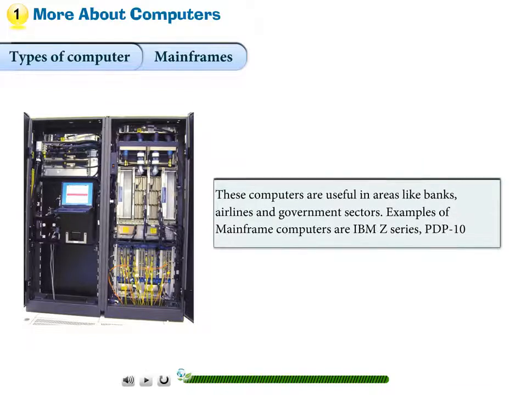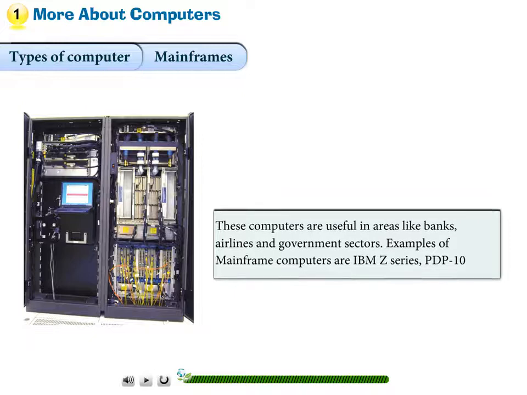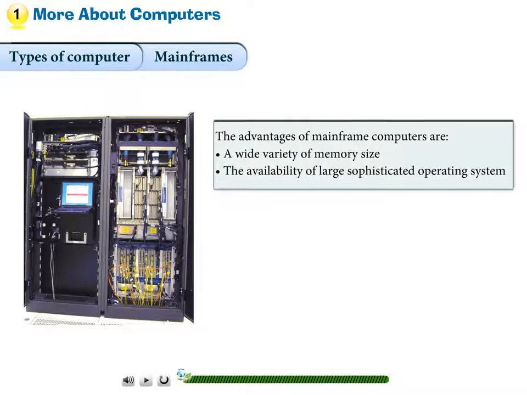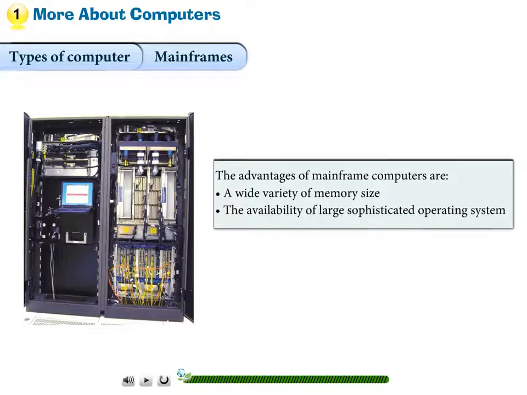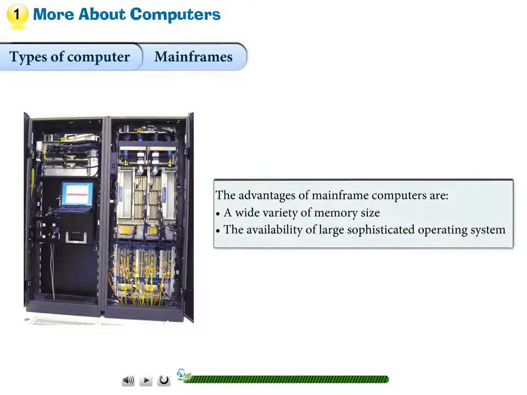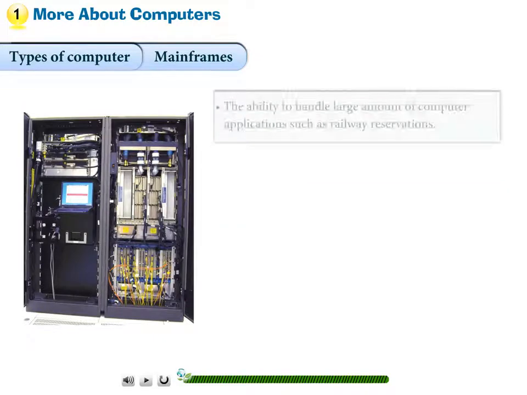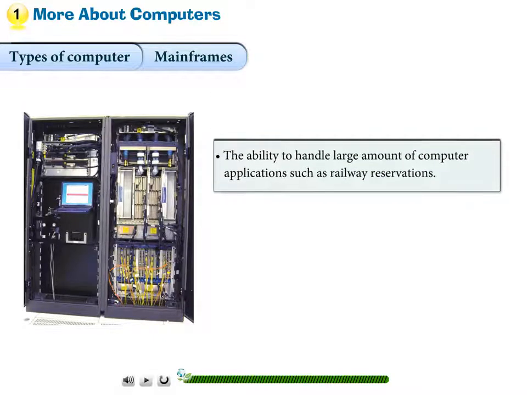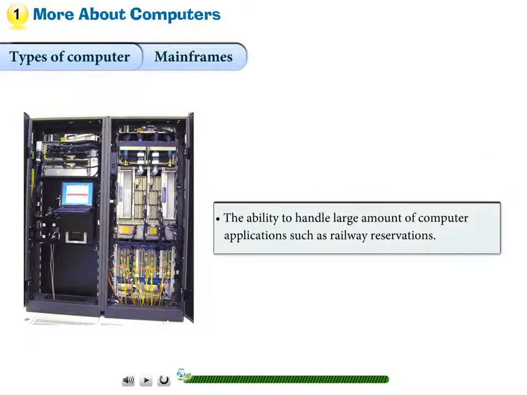Examples of mainframe computers are IBM Z series, PDP-10. The advantages of mainframe computers are a wide variety of memory sizes, the availability of large sophisticated operating systems, and the ability to handle large amounts of computer applications such as railway reservations.